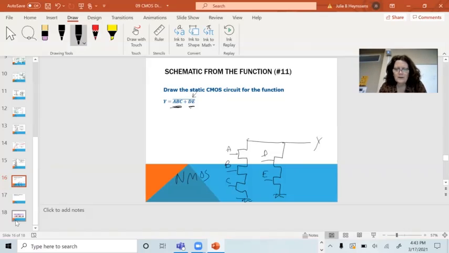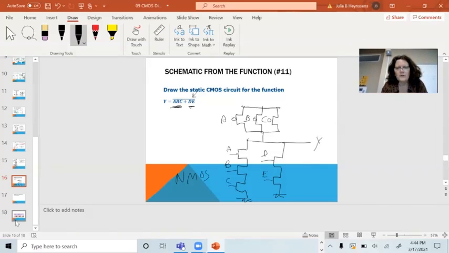So the PMOS, what's in series becomes parallel. So I have a parallel combination of three transistors, and that is A, B, and C. And that has to be in series with another parallel combination.